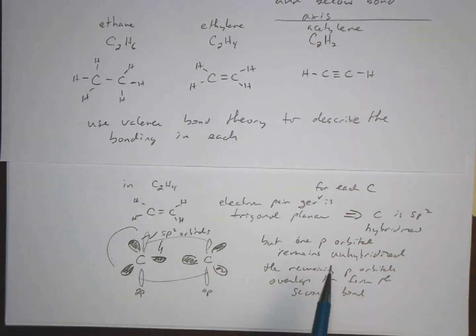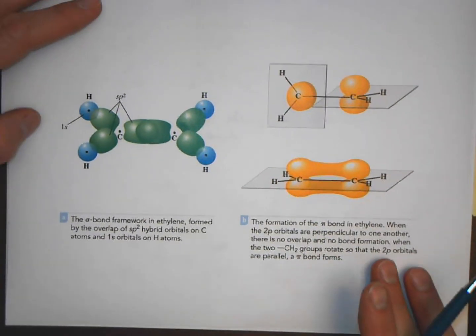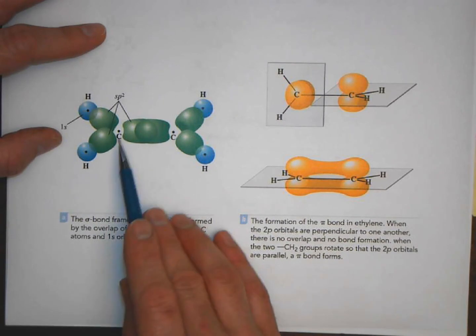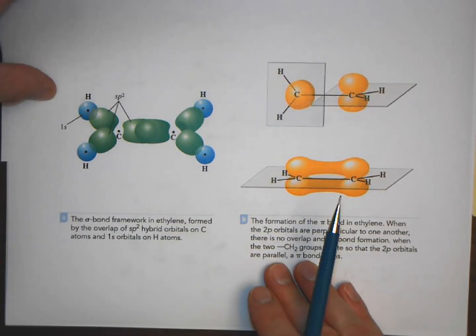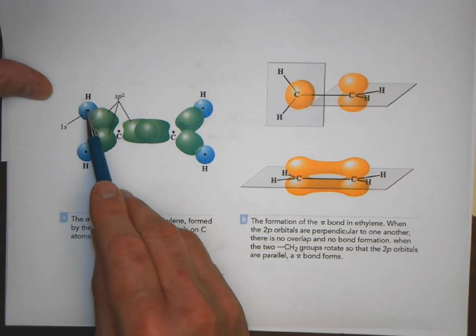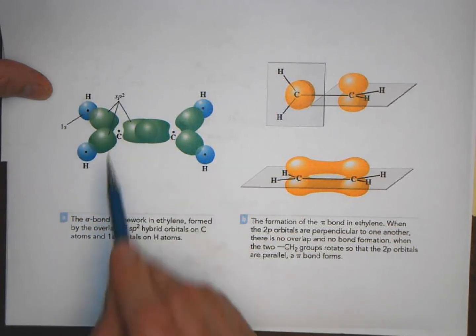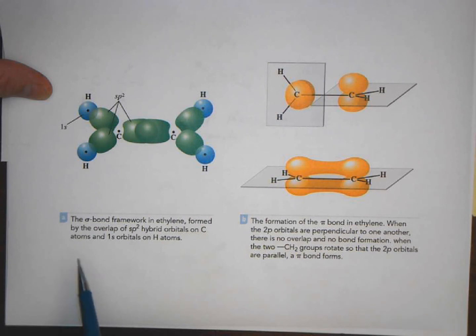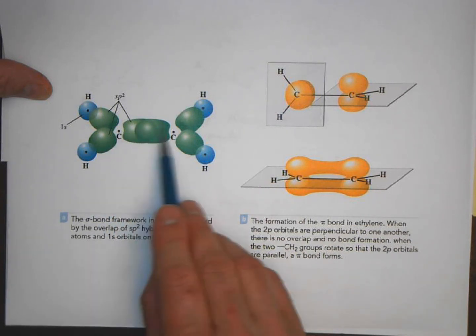Here's a slightly better picture of the same thing I'm trying to draw from your textbook. The sigma bond framework in ethylene looks like this. One thing we didn't draw in yet are the 1s orbitals of the hydrogens bonding to the sp2s of the carbon. But what's happening is the sp2s are overlapping, right?